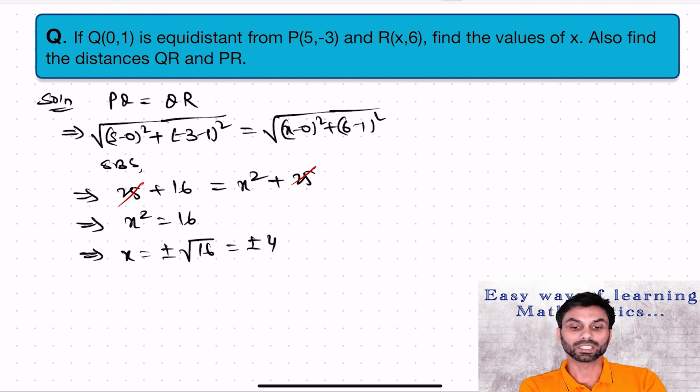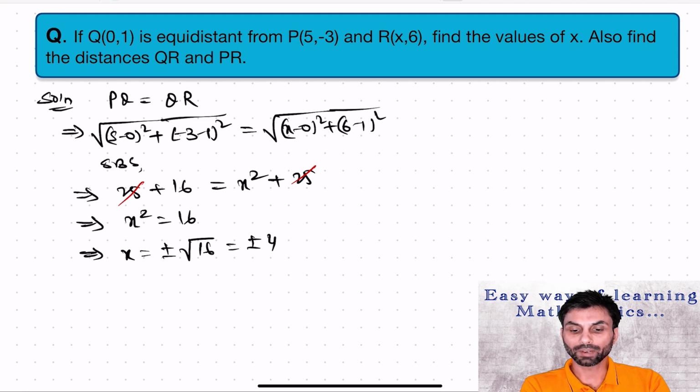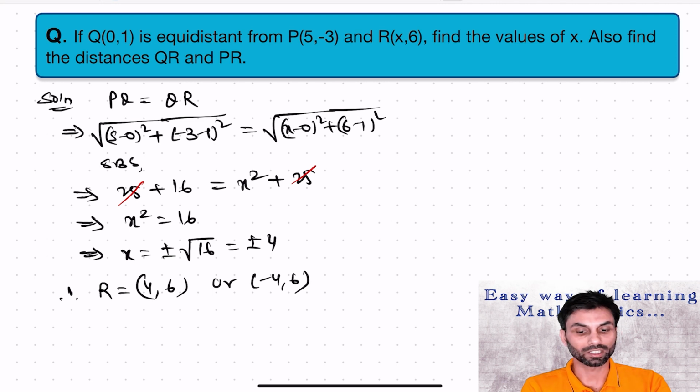Remember, distance cannot be negative, but coordinates can be negative. That means the x coordinate and y coordinate. Now as we have got the value of x, the coordinate of R will be either (4, 6) or (-4, 6).